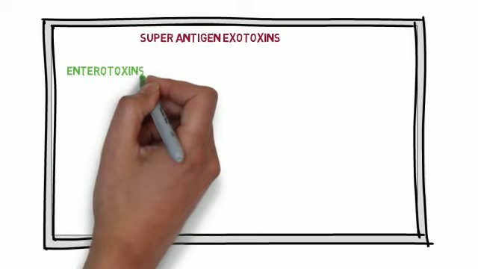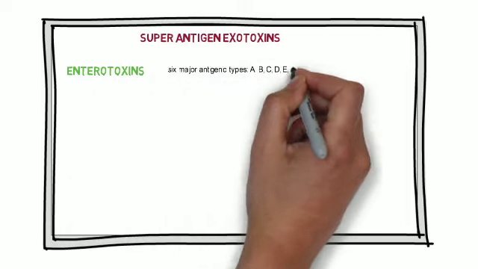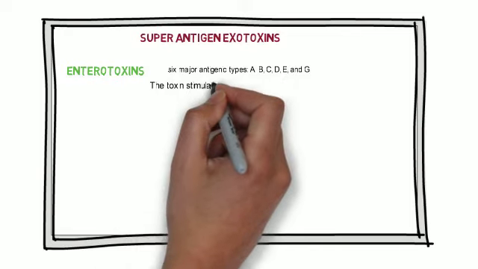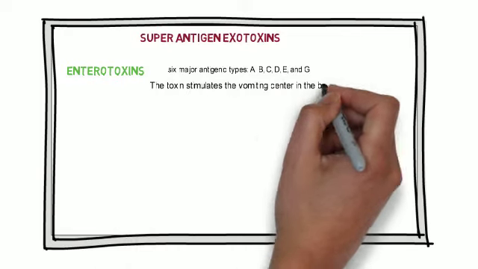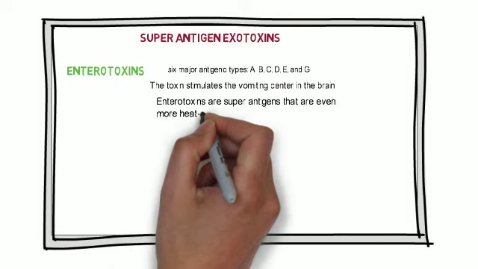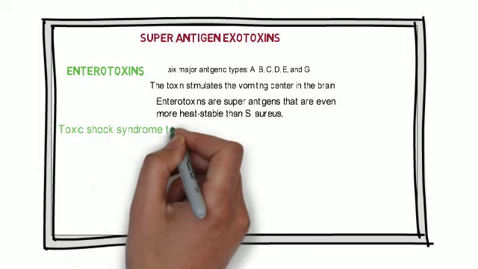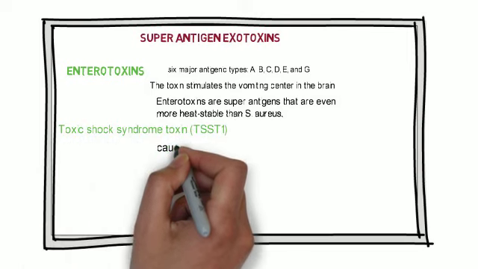Enterotoxins. Enterotoxins, of 6 major antigenic types, A, B, C, D, E, and G, are produced by approximately half of all S. aureus isolates. When these bacteria contaminate food and are allowed to grow, they secrete enterotoxin, ingestion of which can cause food poisoning.